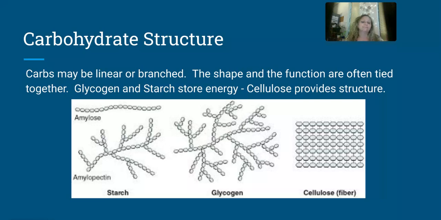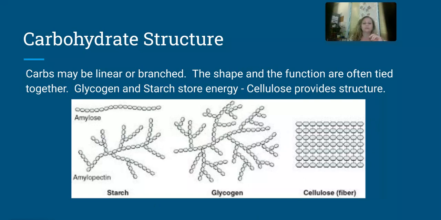So, for instance, starches like glycogen, which stores energy in humans, has this branching pattern, whereas cellulose is very neatly laid out. This is what we see in cell walls.